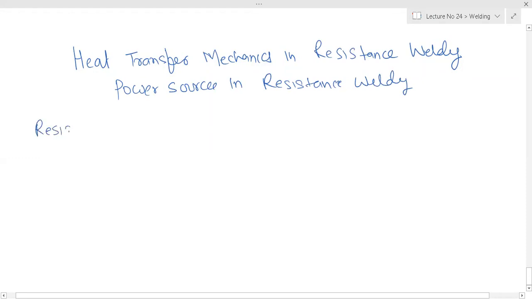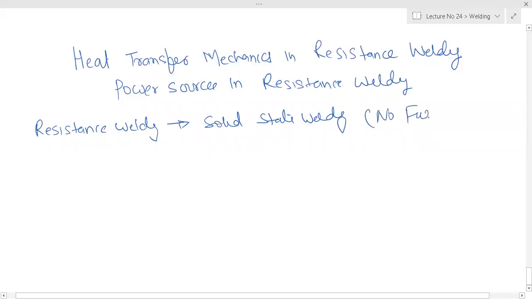We have already discussed yesterday that resistance welding is a solid state welding. No melting, no fusion.